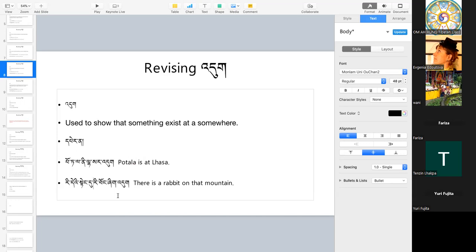There is a rabbit on that mountain. So we see that the position is the top of that mountain, and the object is the rabbit. And confirmation of its existence on the top of that mountain is done by the confirmation particle tuk.